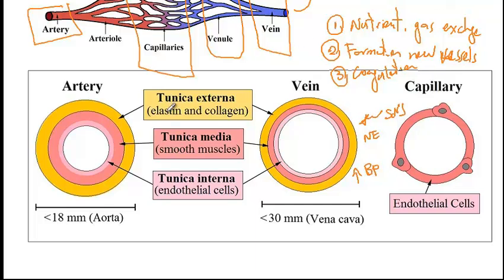And then the final layer that we have here is called the tunica externa, which is made of elastin and collagens.